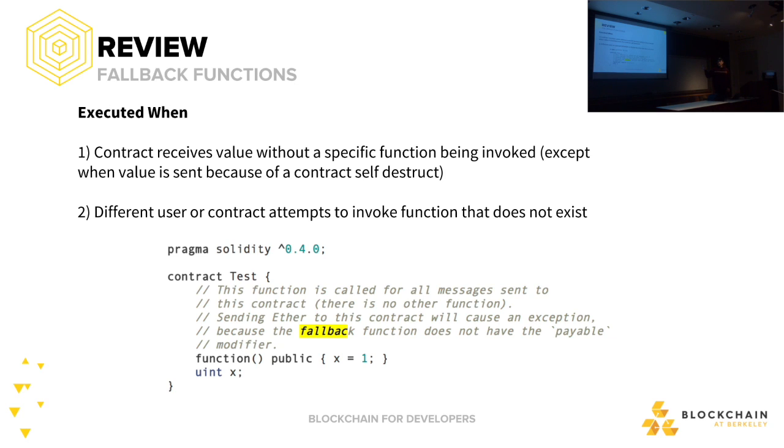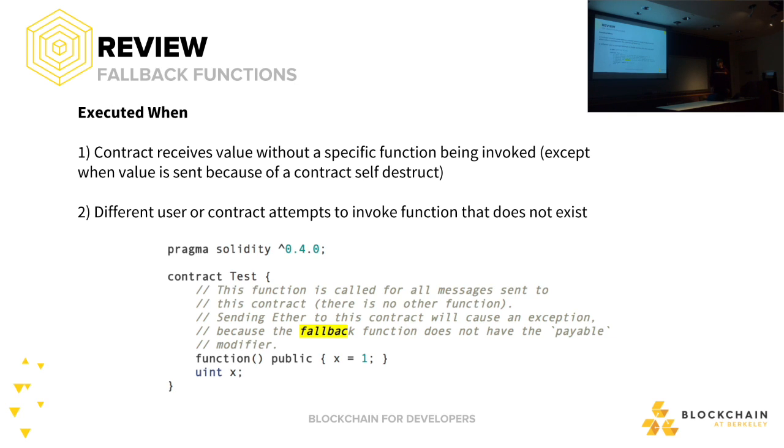Okay, and so this is the third and final topic of review. This will probably be the most important thing for finishing the lab that's assigned today. A fallback function is the single unnamed function in a contract, and a fallback function is executed under two specific circumstances. The first would be if a contract is sent value without actually invoking a specific function in the contract.